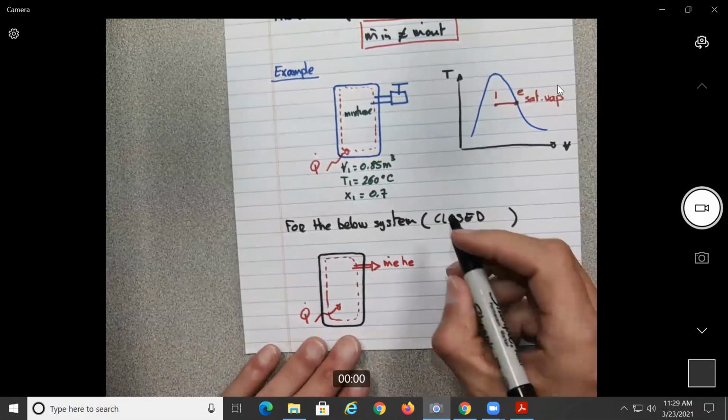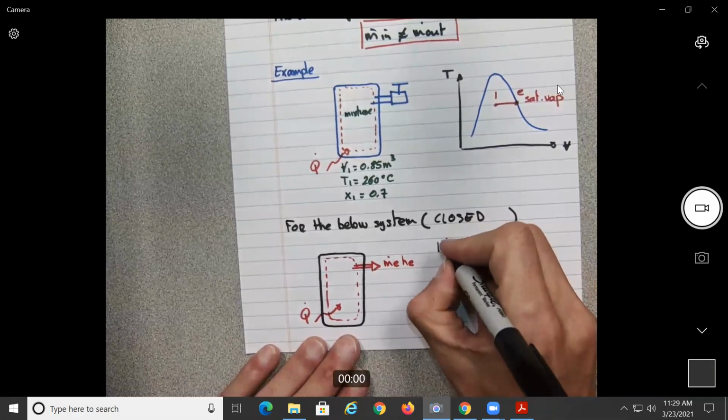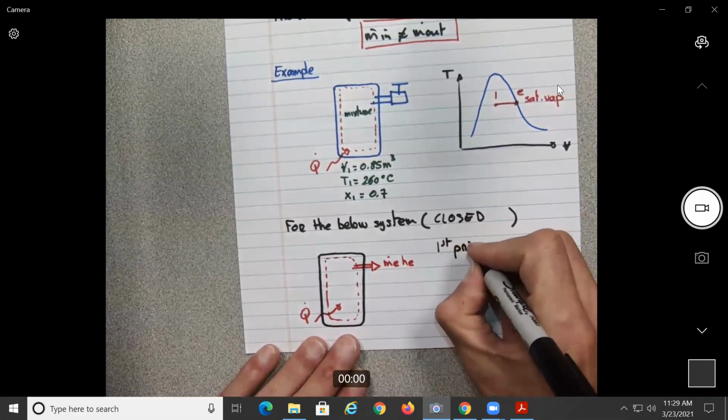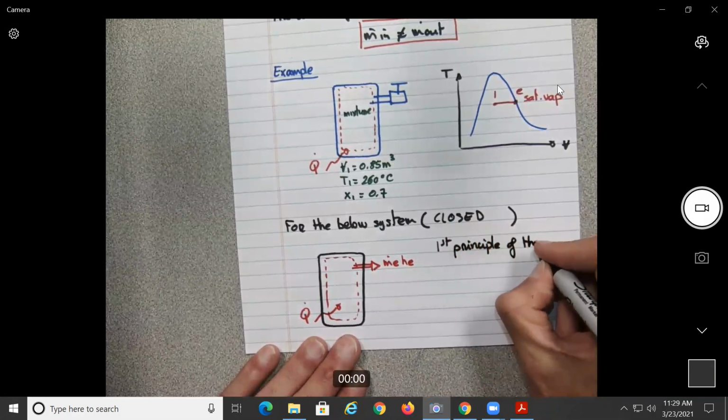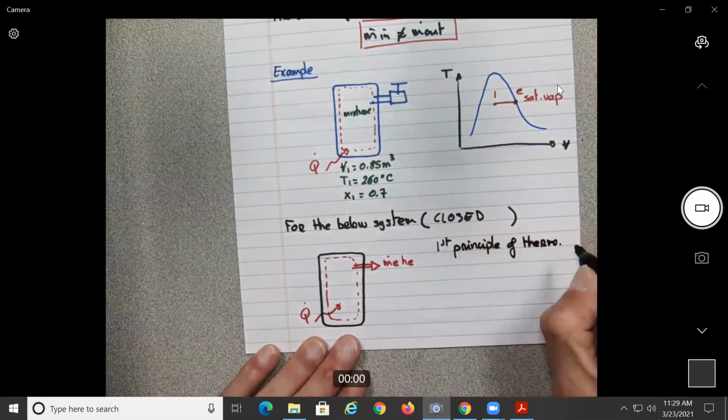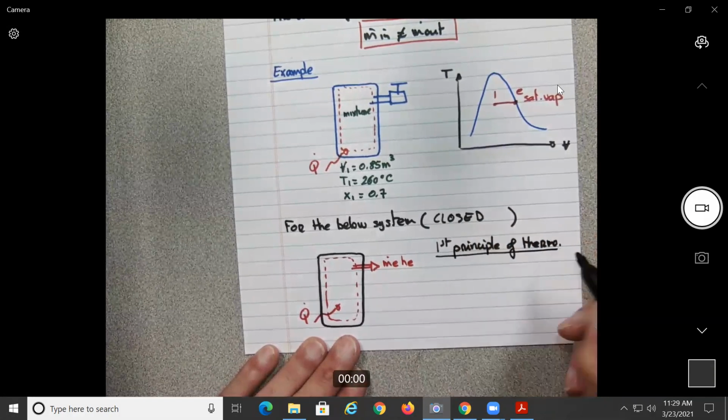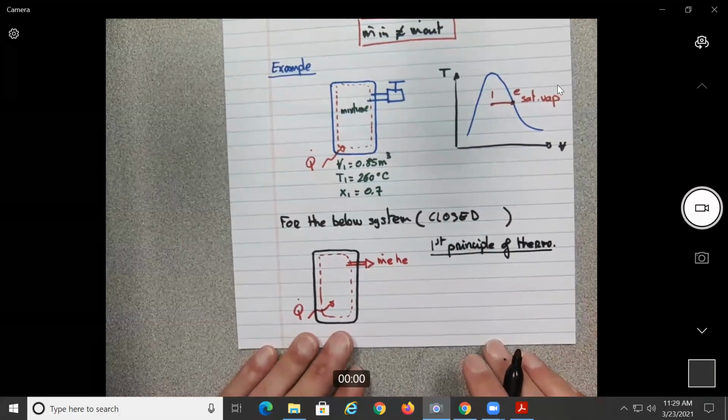Okay, so let's say here, writing the first principle of thermodynamics, and this is the tricky part, but this is a closed system.